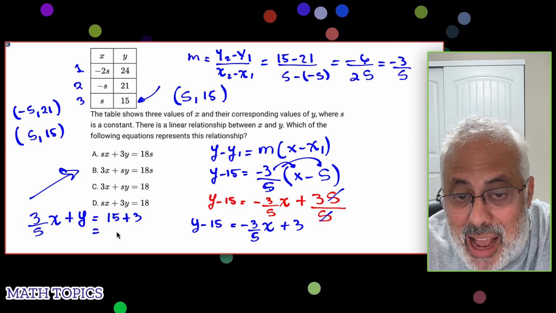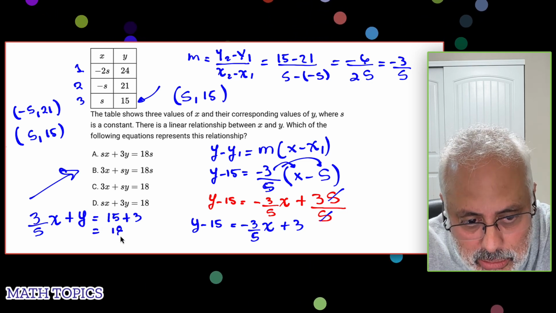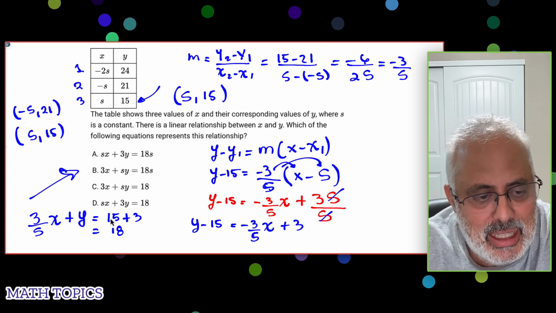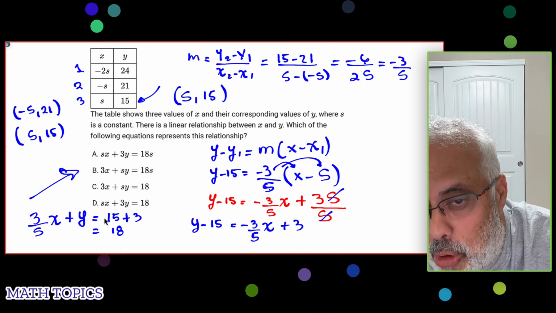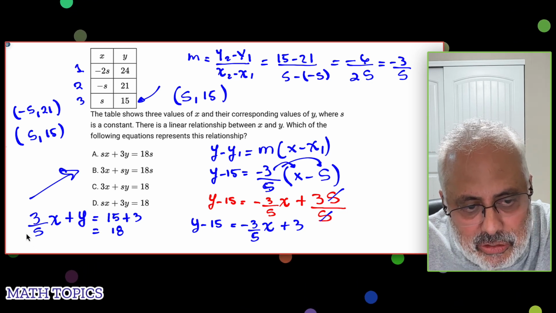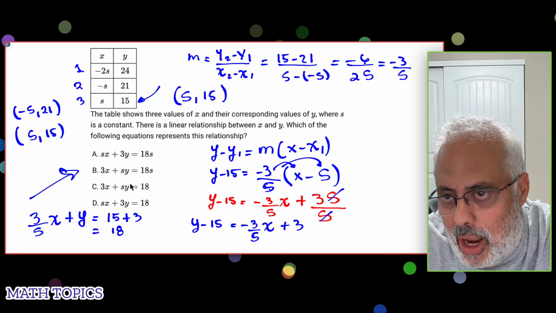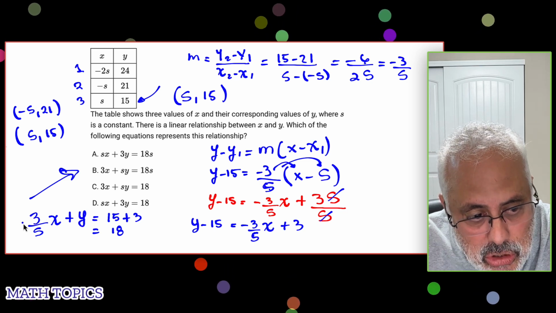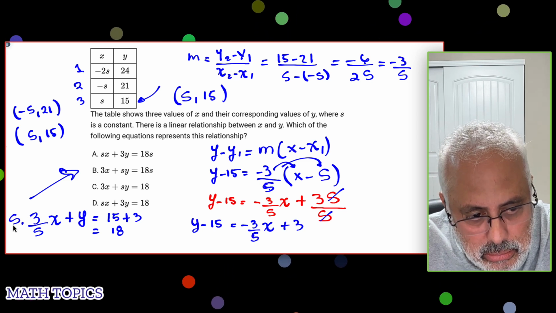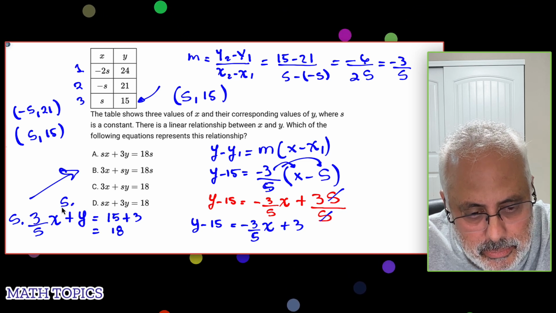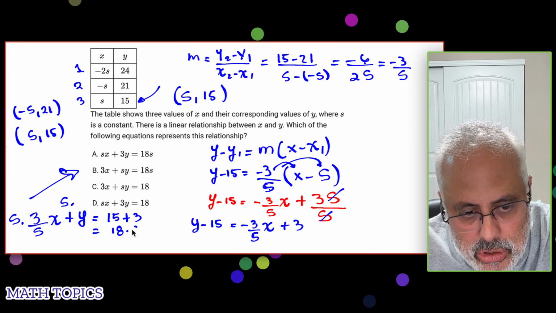Now I start smiling because I have 18 here, and I have 18 on all of those choices. This is when I start looking at the multiple choices. And now let's multiply. I don't like this fraction right here because I don't have any fraction in the coefficients. So I multiply by s, and I multiply by s, and I multiply by s.